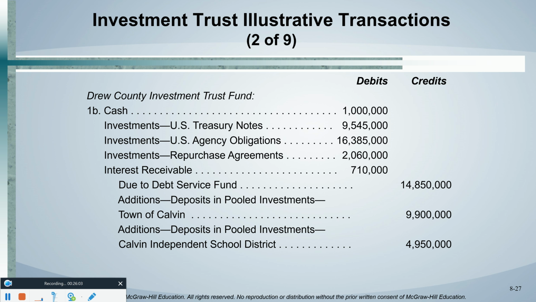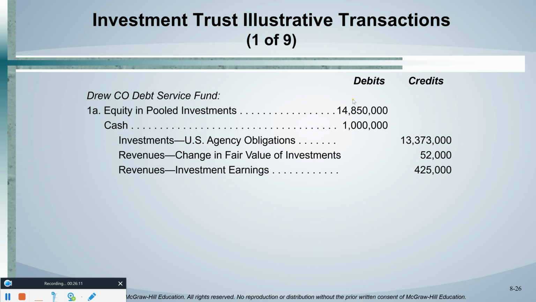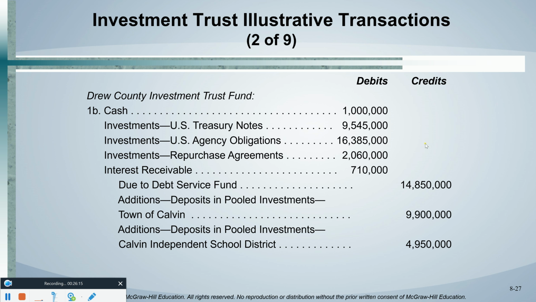Now let's take a look at a journal entry for the actual trust fund, the investment trust fund. Okay, so here we saw the $14,850,000, all right? So that is one of the three governments.